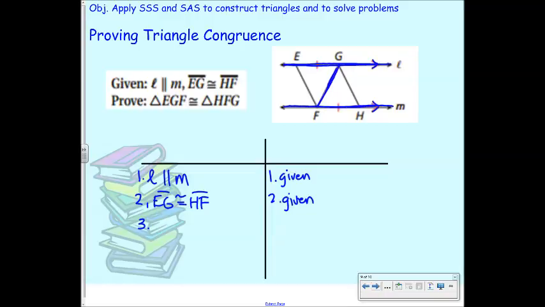So which angles can I prove are congruent here? I can prove that EGF is congruent to GFH based on alternate interior angles.